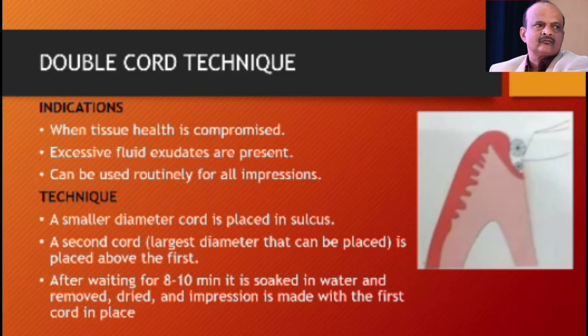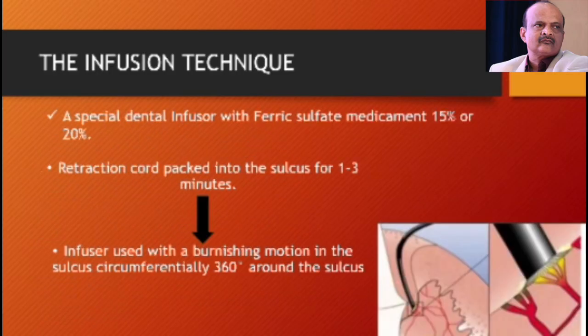In this technique, a smaller diameter cord is placed into the sulcus, and then a second cord of a larger diameter is placed above the first one. After waiting for 8 to 10 minutes, the cord is soaked in water, removed and dried. The impression is made many times with the first cord in place, or you may remove both the cords.